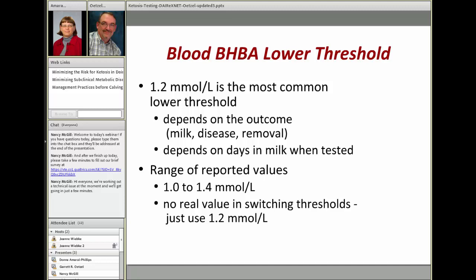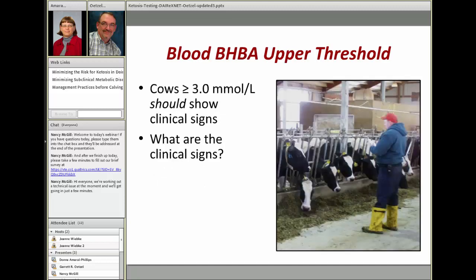People really like to want to change these thresholds or cut points. There's nothing else to argue about them, and I would say there's little real value to it. There is value to us as an industry getting on one and staying with it. And 1.2 has been the one that just seems to make the most sense and is used a lot. I encourage folks to stay with that.